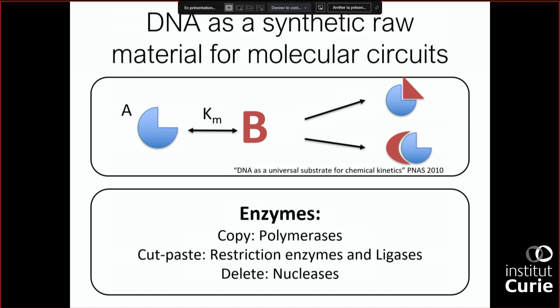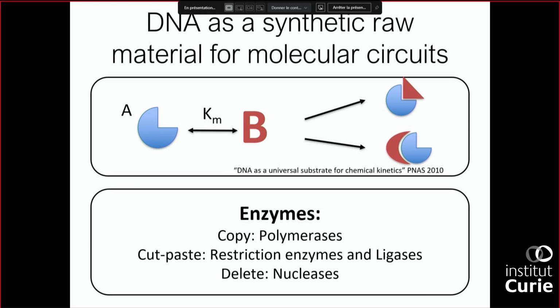And additionally, you have a number of enzymes. So they come from biology, but they can be used completely outside of biology. And these enzymes perform very useful tasks on DNA. For example, you have the class of enzymes that are called polymerases, whose function is to copy the information encoded into DNA. So it takes one string of DNA and makes a copy of that string of DNA.